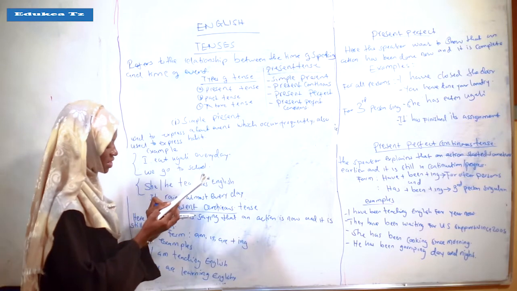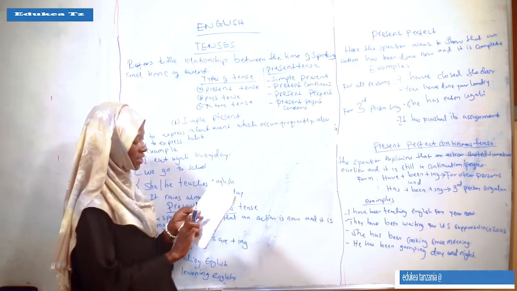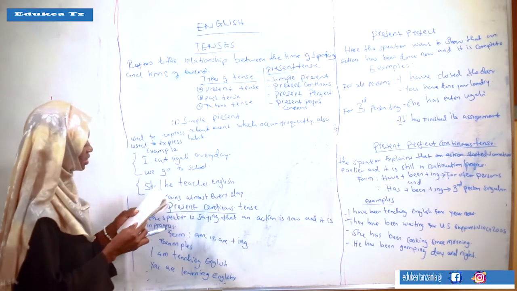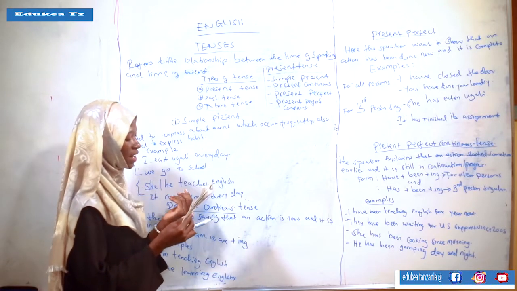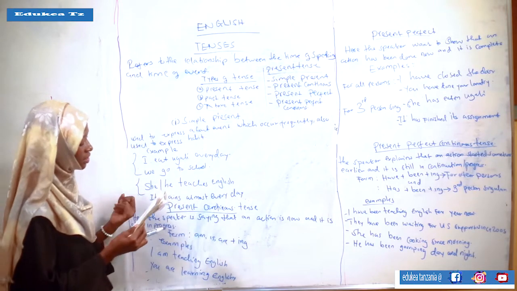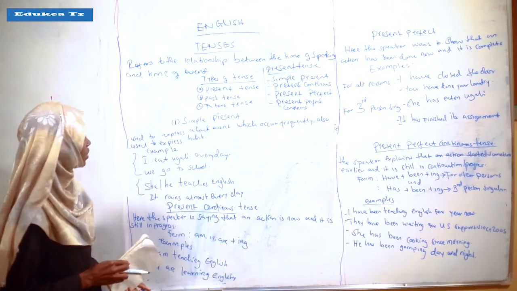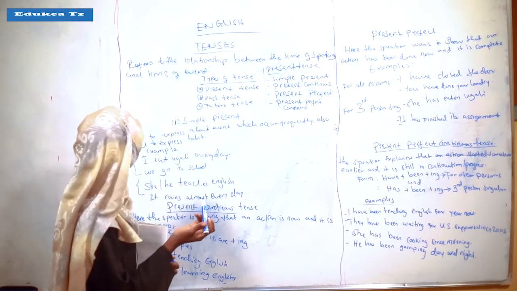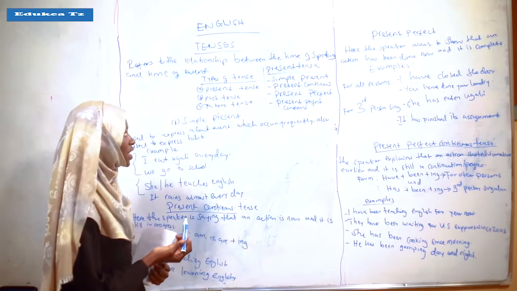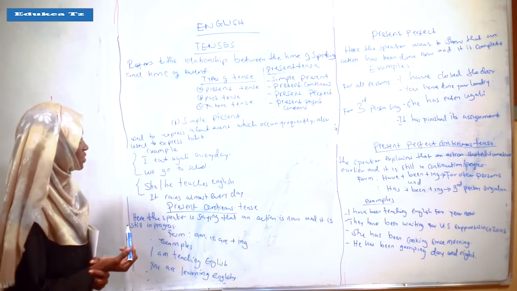Since we agree that tense is the relationship between the time of event and time of speaking, there are 12 instances in the relationship. So there is a group which argues that there are 12 types of tense.